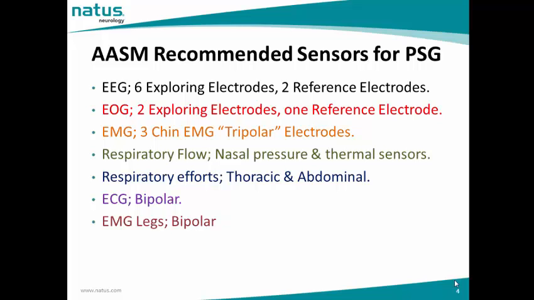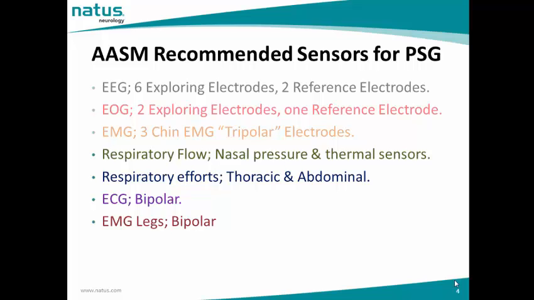So for PSG acquisitions, here are the recommended sensors. We need to record 6 EEG exploring electrodes and 2 reference electrodes. Two exploring EOG electrodes combined with 1 reference electrode, tripolar chin EMG electrodes, respiratory flow.